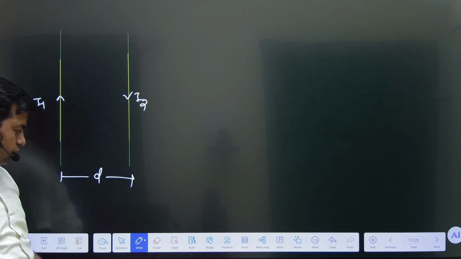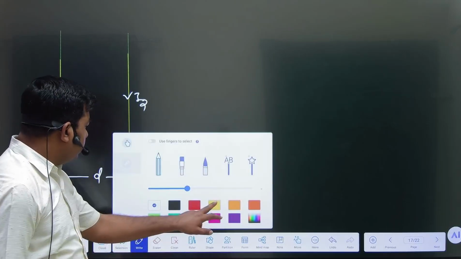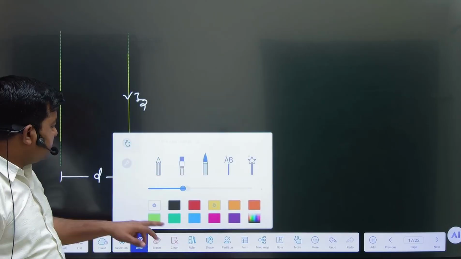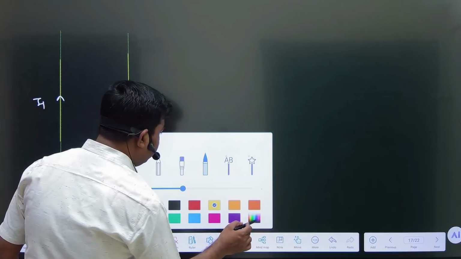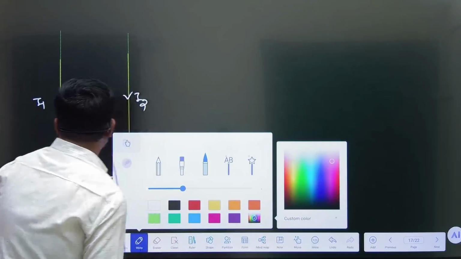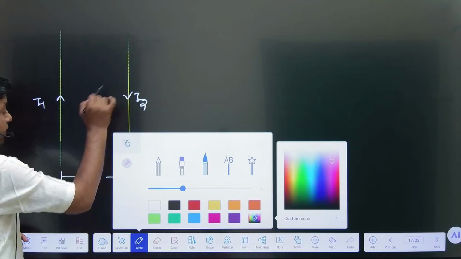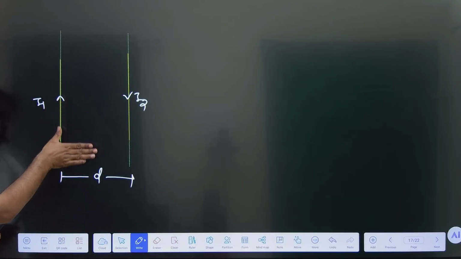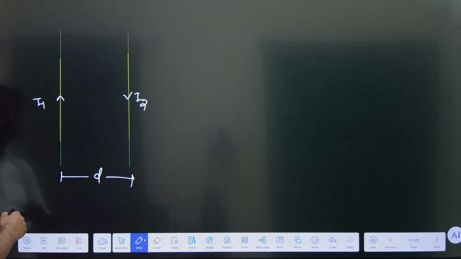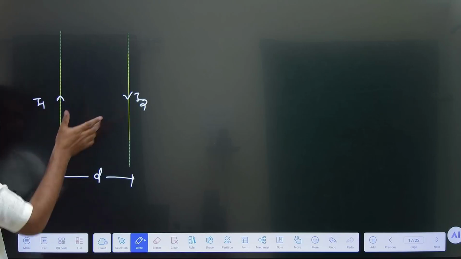When current I1 is passed in the first conductor, it produces a magnetic field. What is the value of the magnetic field at the second conductor due to the first conductor? Thumb shows the direction of current and fingers indicate the point, so the magnetic field is inward. In this condition too, thumb shows the direction of current and fingers indicate the point, so again the direction of the magnetic field is inward.